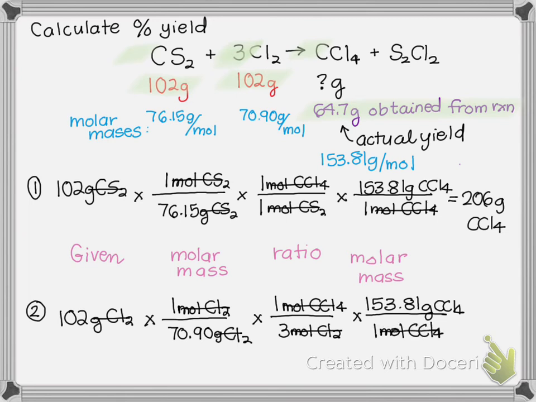That cancels out, and now I end up with grams of carbon tetrachloride to compare. So let me plug that into my calculator. And I get 73.8.